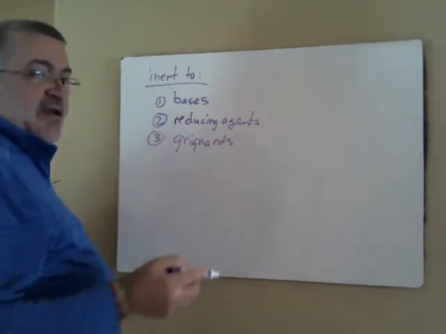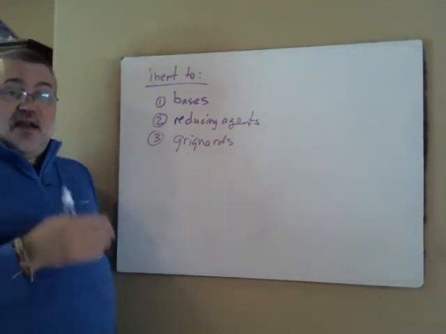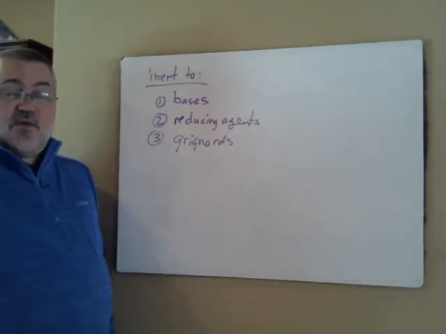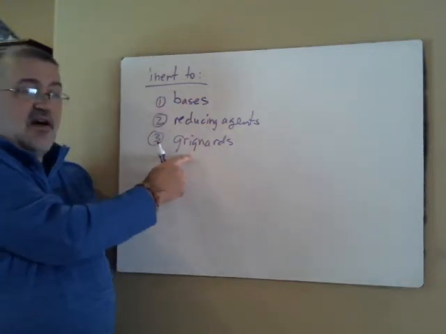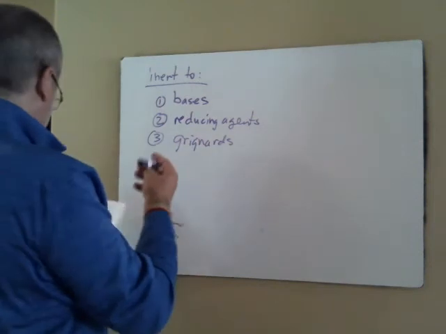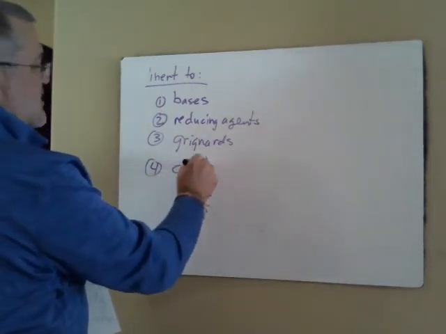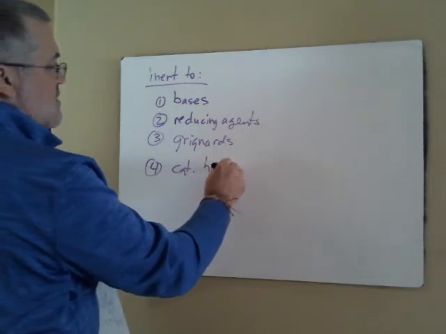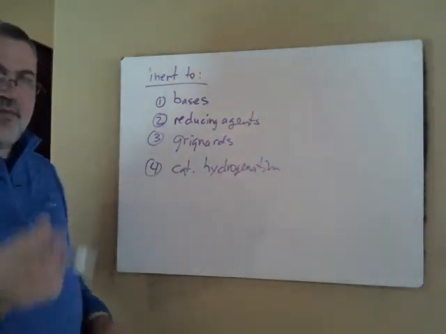If you have a carbonyl in your compound, and you're going to use a Grignard reagent somewhere else and you want to protect the carbonyl, if you convert it to the acetal, Grignard won't affect it. And the last thing is catalytic hydrogenation. So it's inert to all these things in the transformation.